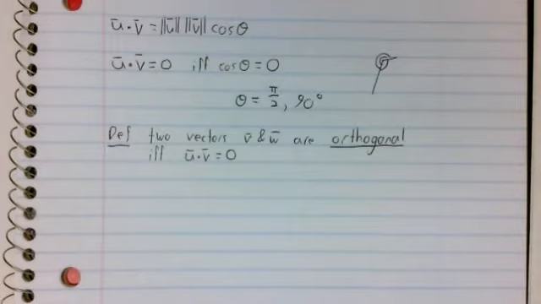If you move to R4 or R5 or some other larger dimensional space, it's not going to be clear geometrically what a right angle means. Nevertheless, this intuition is going to serve you well.